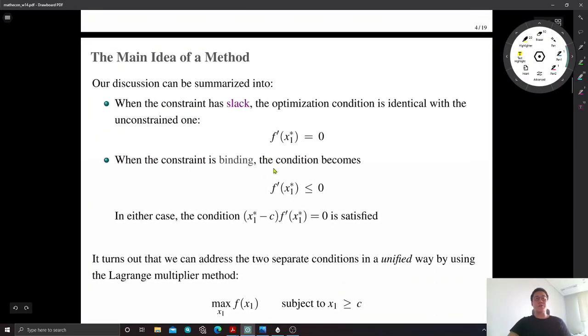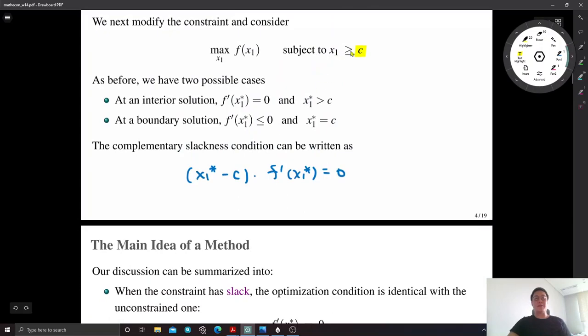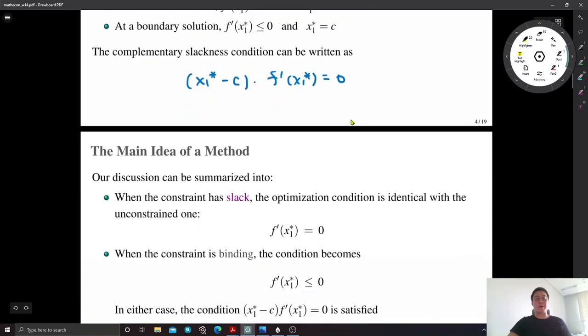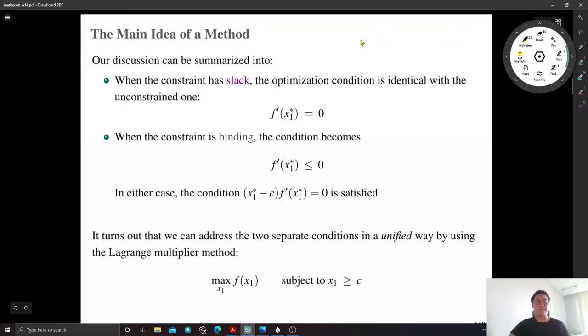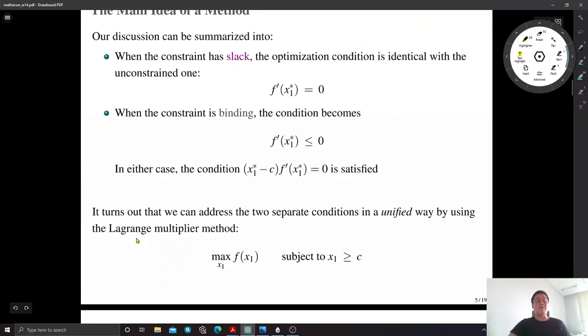So our discussion tells us whenever we have this kind of inequality constraint, we have to divide our analysis into two cases depending on where we have a solution. Okay? And then we have to check whether the complementary slackness condition is satisfied or not. But in fact, there is a very effective way to unify these two approaches.